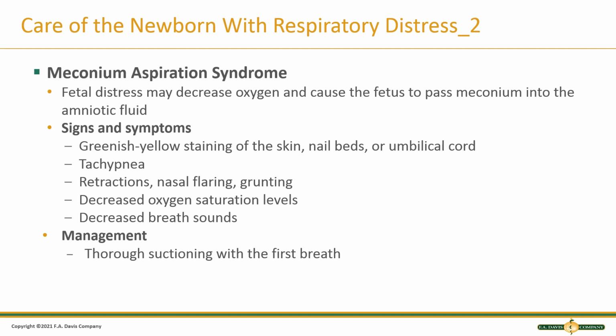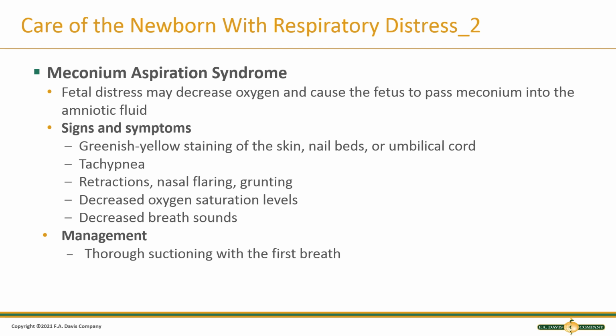Now the meconium, remember, is thick and mucousy. It can block the infant's bronchioles, causing poor oxygenation. It can cause pneumonia. It can cause a pneumothorax. And this is mostly found in term and post-term newborns. So what are we going to do?